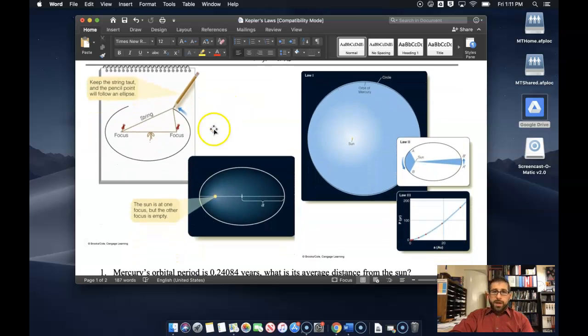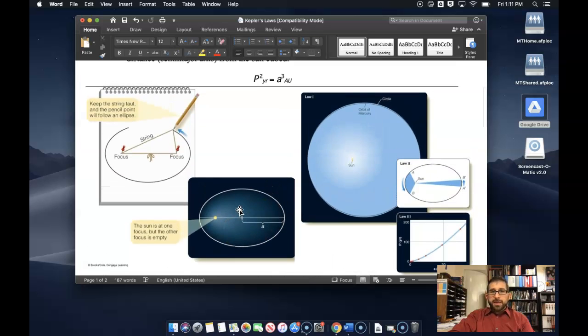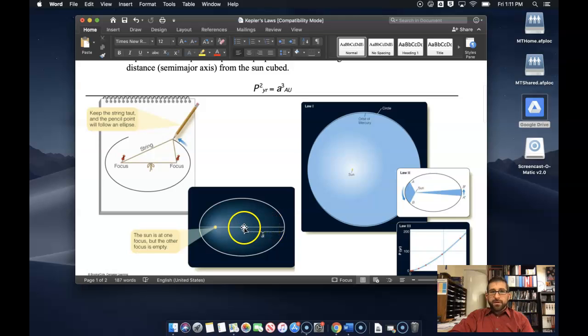In Law 3, the A value is the semi-major axis, which is this distance right here. It's not necessarily a radius, because remember, a radius is only for a circle. This is an ellipse. So this is to this portion on the ellipse, similar to a radius.